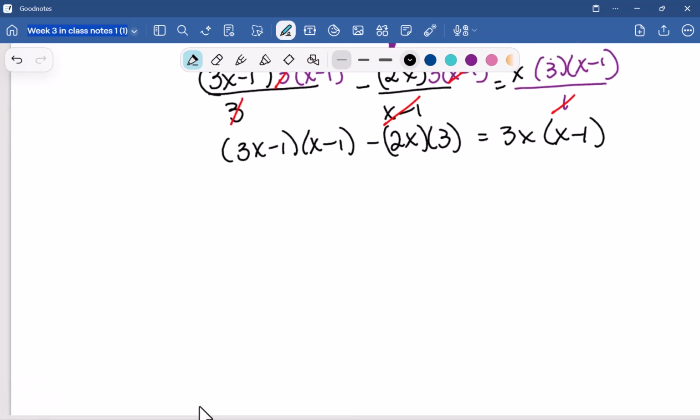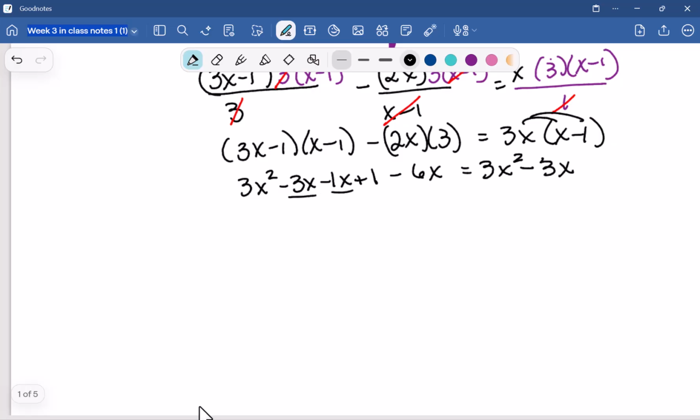Okay. Then I'm going to foil this out. So that's 3x squared minus 3x minus 1x plus 1, minus 2x times 3 is 6x, equals 3x times x minus 1, which is 3x squared minus 3x.